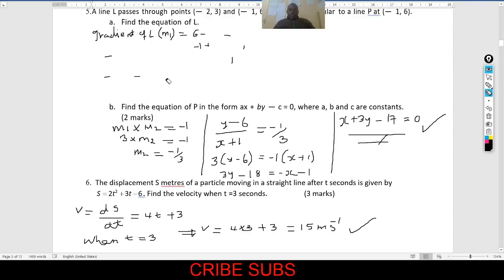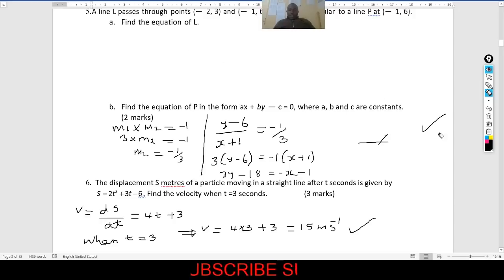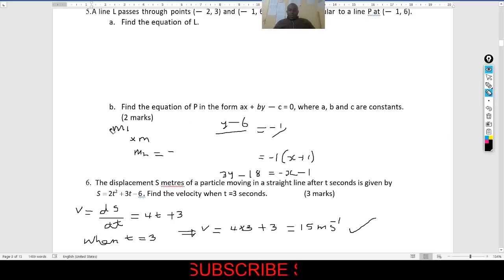So that is how we do the differentiation. You need to remember how to differentiate numbers. Then we go to the next question.